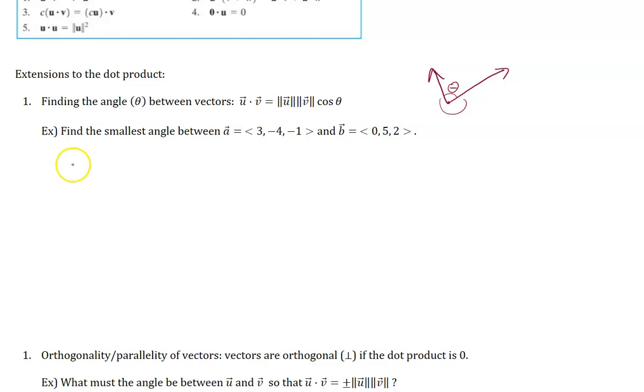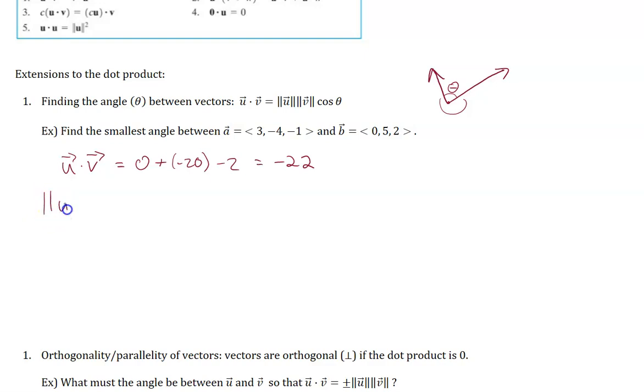All right, so first, the dot product is going to be 3 times 0, 0, plus negative 4 times 5 is negative 20, and then plus negative 1 times 2 is negative 2, so negative 22 is the dot product.